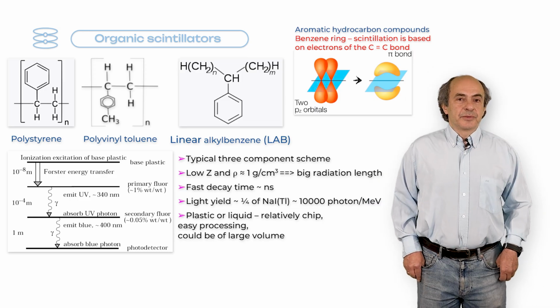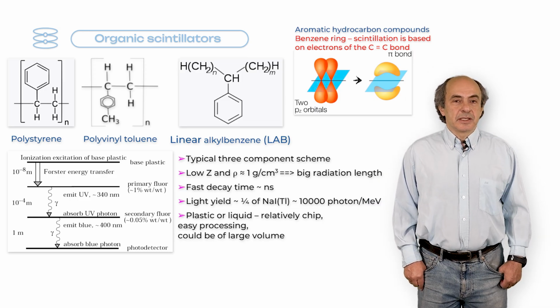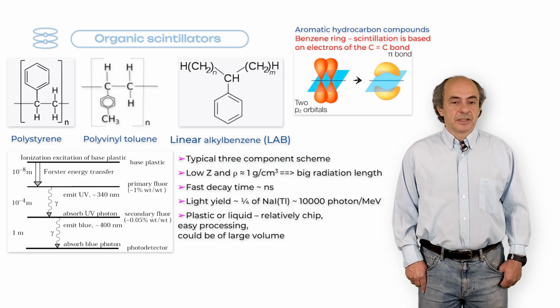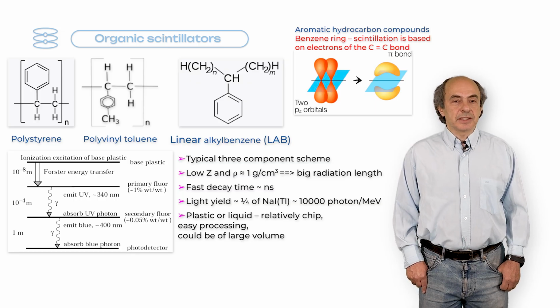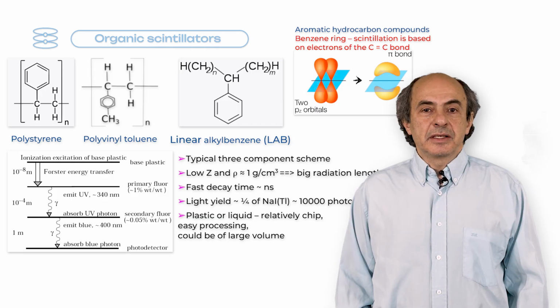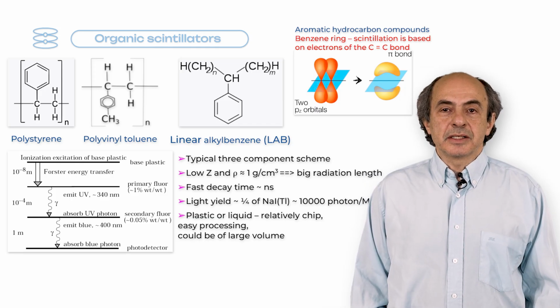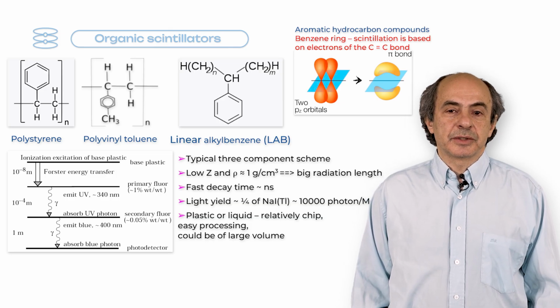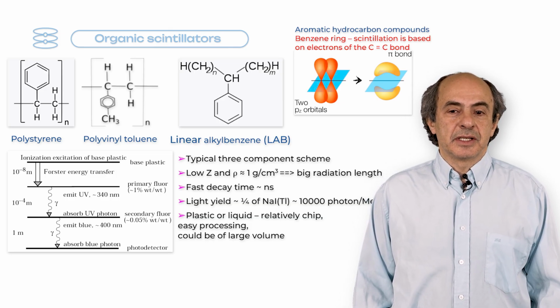All energy transfers in organic scintillator are usually rather fast, in the range of a few nanoseconds, so the response is fast. And the light yield of organic scintillators is approximately the same for most of the scintillators. It is approximately 1/4 of the scintillation of sodium iodide.